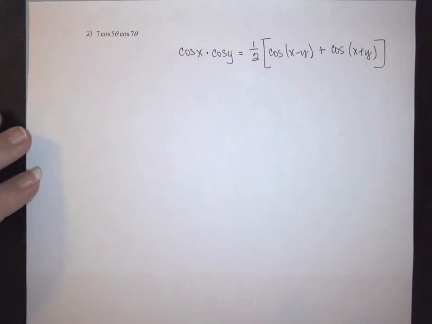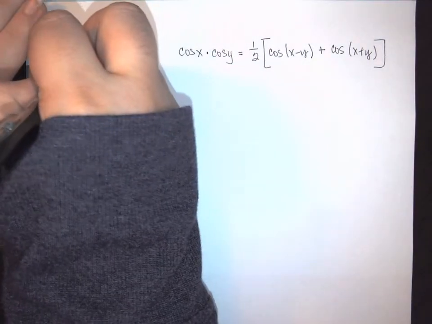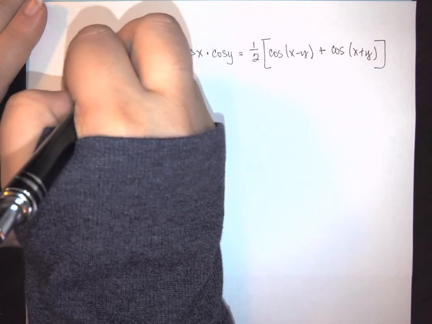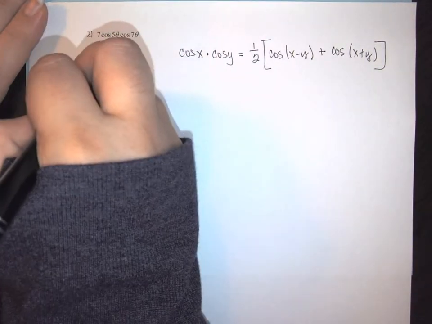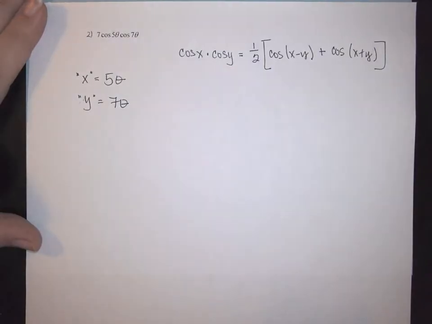This is the identity that we are working with. Just like before, we have to identify what my x and y are. In this case, my x term is going to be 5 theta, and my y term is going to be 7 theta.